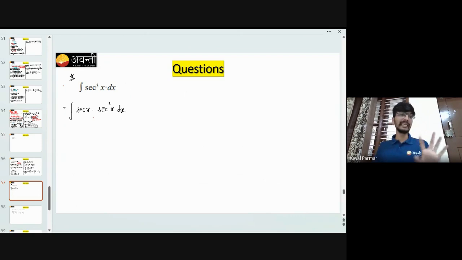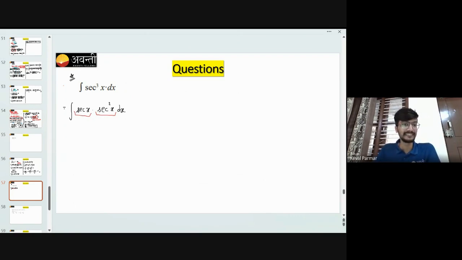Mostly we use the ILATE rule, but here the ILATE rule will not work because both of them are trigonometric. So the main logic behind selecting the first and second function is that the second function should be integrable. I had mentioned it in a slide in bold highlighted letters.